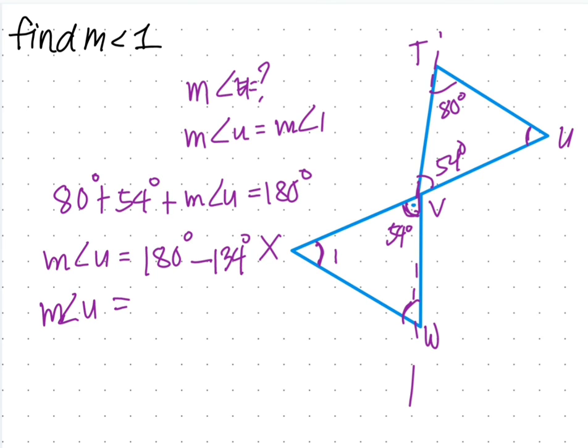Then the measure of angle U would be the measure of angle 1. Yeah, 46. Therefore, angle 1 is also 46 degrees.